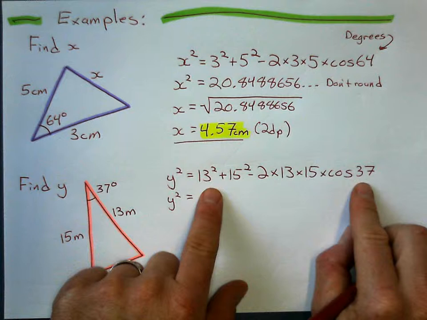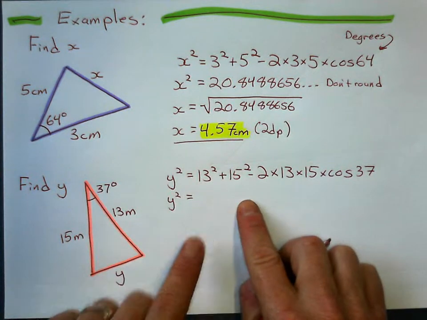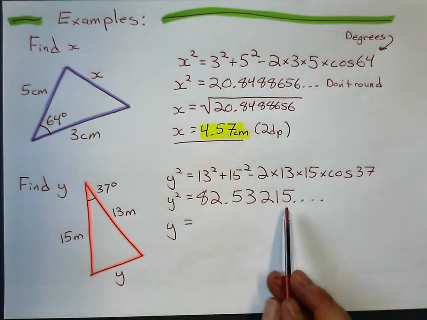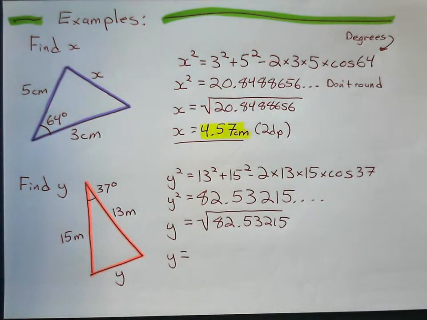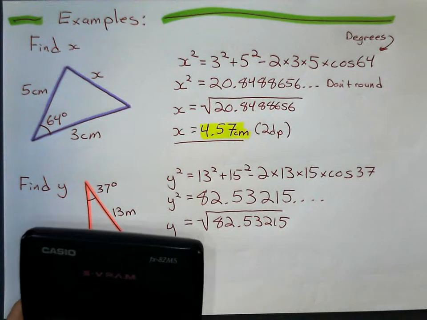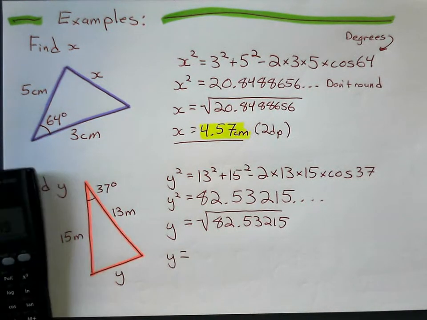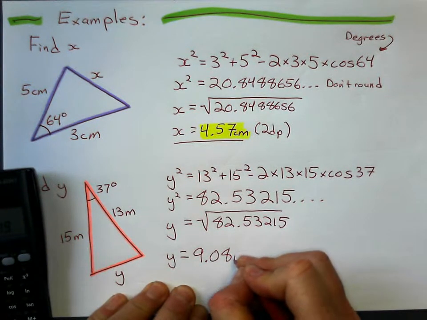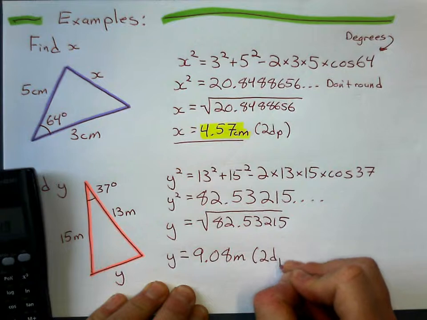Okay, simplify this expression, and then we're going to take the square root of it. Okay, and I take the square root of that, and that's my answer. 9.08 meters to 2 decimal places.